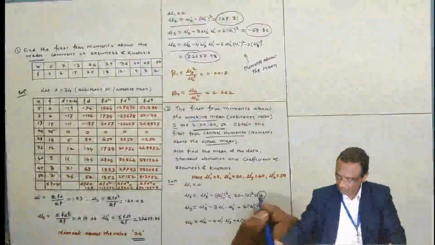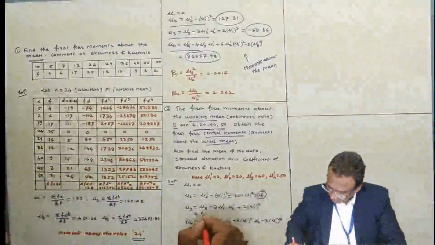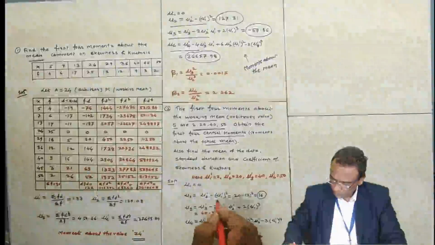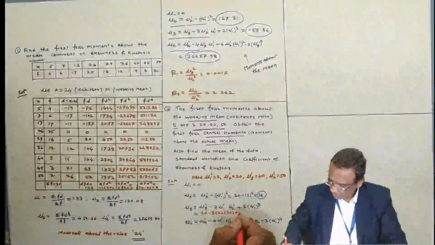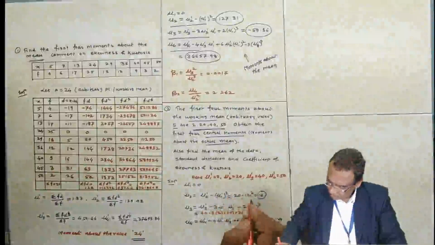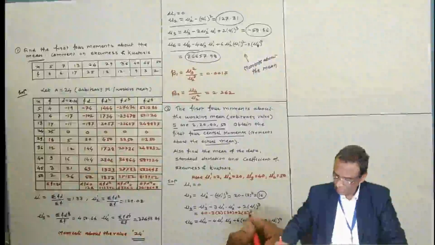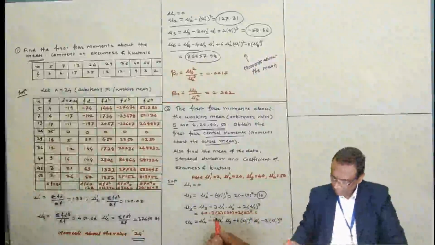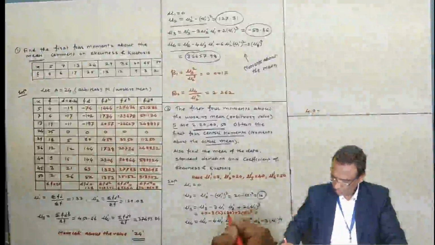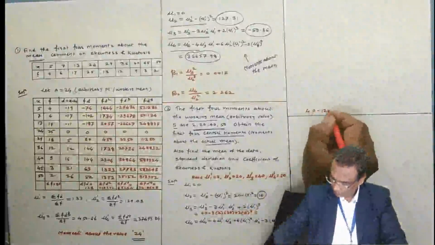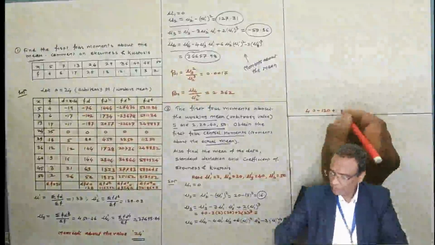Second moment about the mean. Now here also you can put the values. Mu3 is mu3 dash minus 3 times mu1 dash mu2 dash, plus 2 times mu1 dash cube. That is 40 minus 3 times 2 times 20, which is 120, plus 2 times 2 raised to power 3, which is 8 into 2, 16.